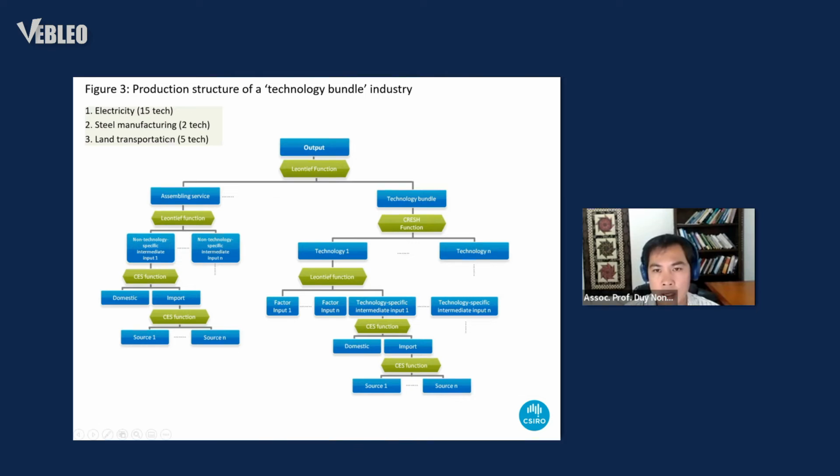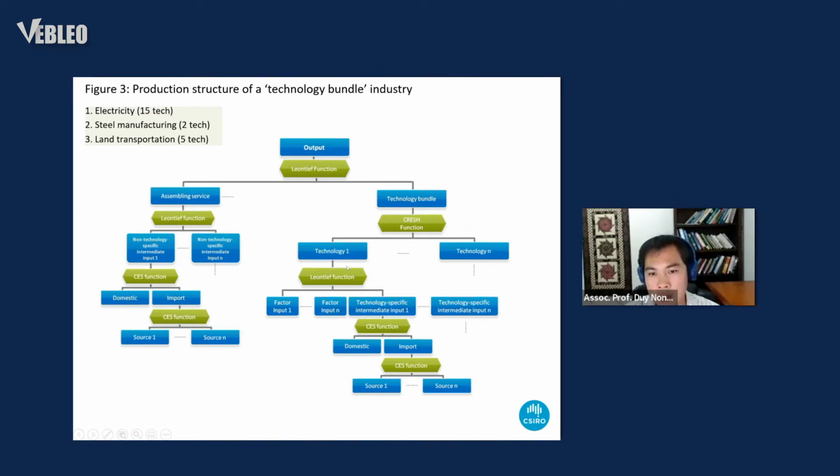Steel manufacturing also has two technologies, and transportation we divide into five technologies. The structure here is different because each technology can substitute for each other. For example, electricity derived from coal fire can be substituted by electricity from wind or solar.